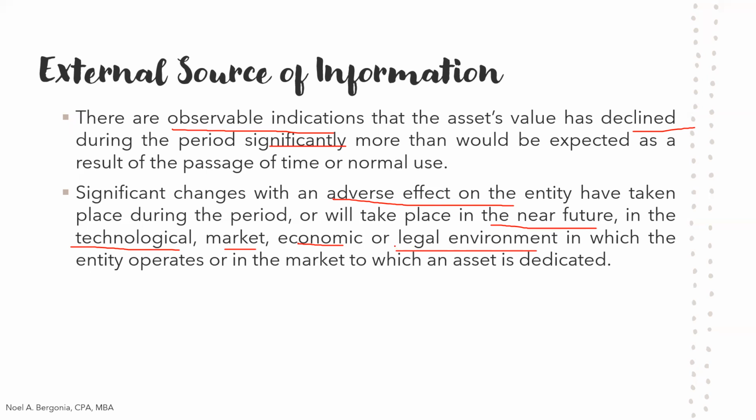Even legal concerns: if you are sued and may be held liable in the future, it would have an adverse effect on the future, which will also give us an idea that there is an external source of impairment of that asset.